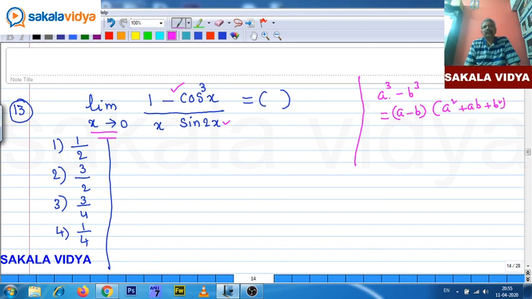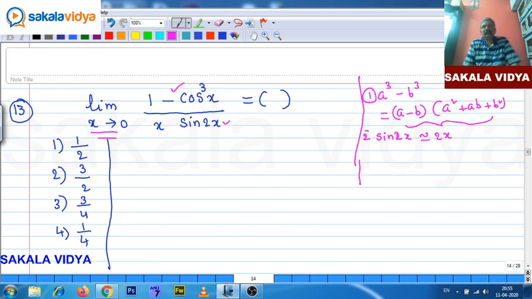That means the 1 minus cos cube x can be written as factors. Next, as x approaches 0, I would like to write sin 2x approximately equal to 2x. So, these I would like to apply. And next, one more thing I would like to apply.